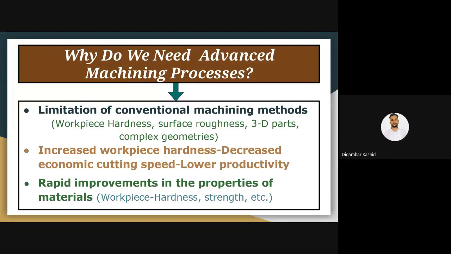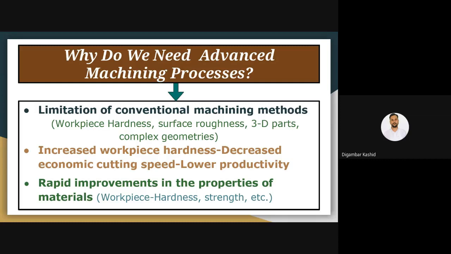Some of these super alloys have hardness as good as, or even more than, your cutting tool material.